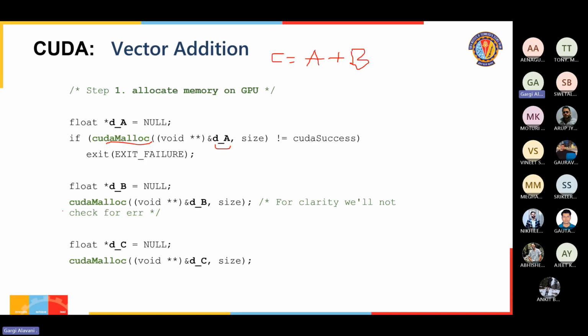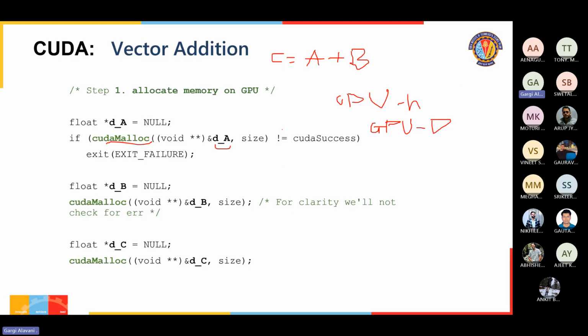Now, why there is a d in front of this is, as we talked about, the CPU is the host and the GPU is the device. When you are communicating between these two, the variables are going to remain the same for host and device.